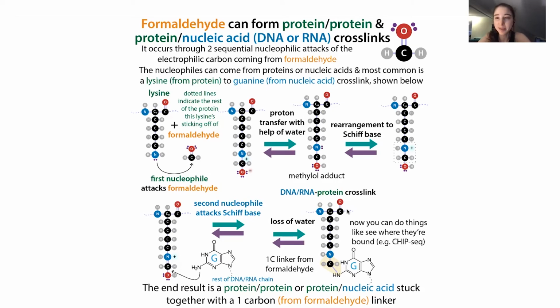So here we're not swapping out the Schiff bases, but we're using a Schiff base intermediate in order to attack and then get this cross-linked product.